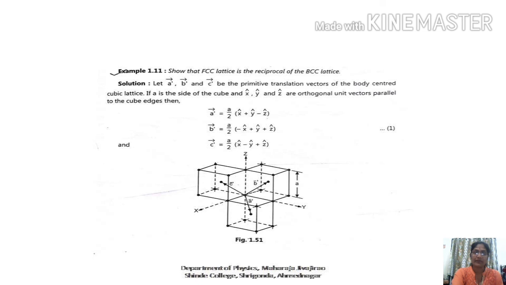We have defined small a as the length of the unit cell, and in order to explain the values of a dash, b dash and c dash along the x, y, z directions, we have considered x cap, y cap and z cap as orthogonal unit vectors parallel to the cube edge.